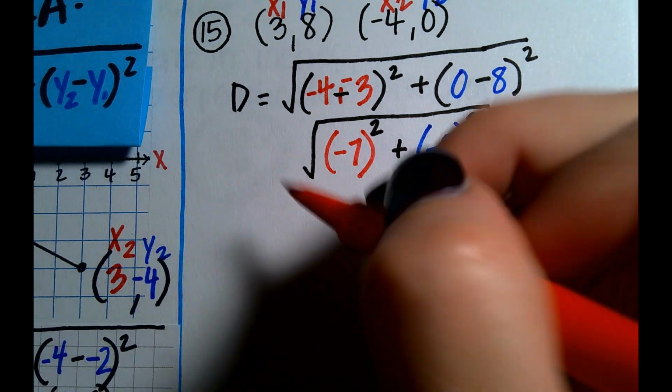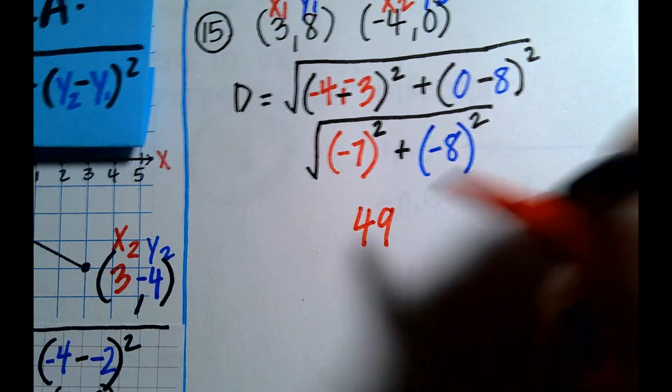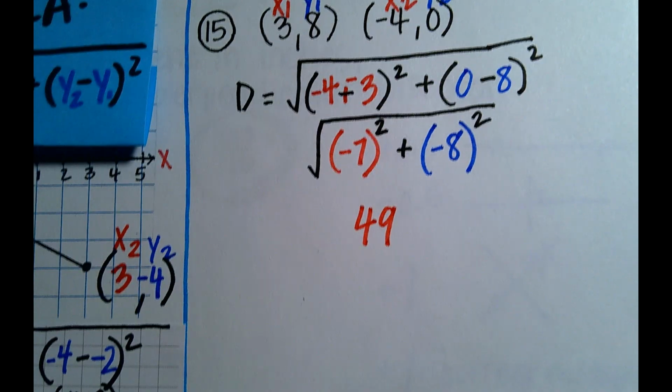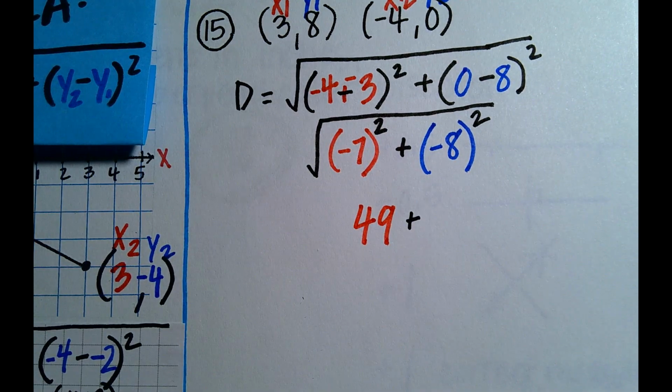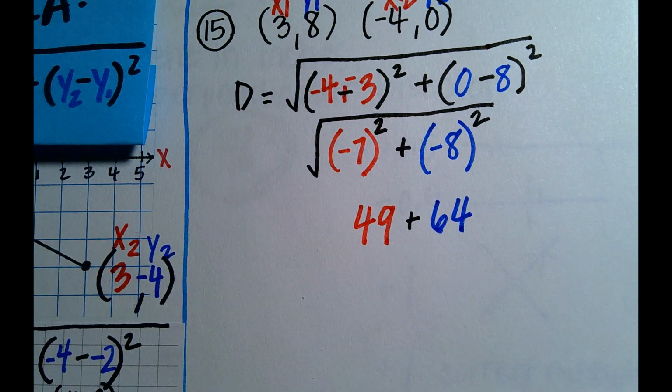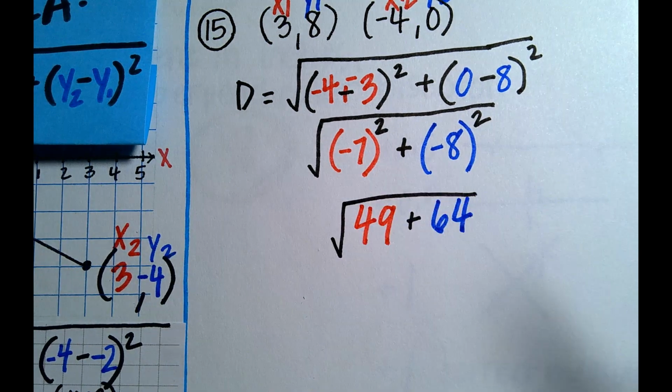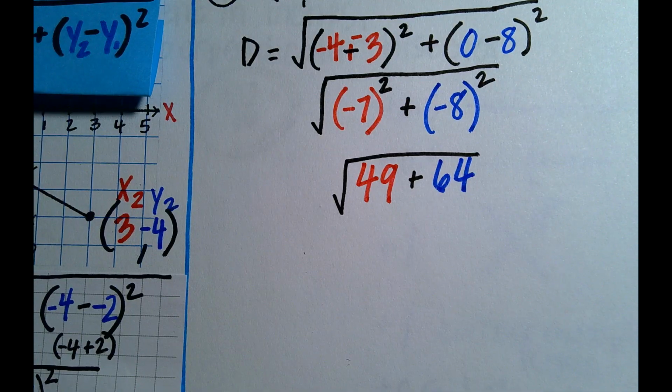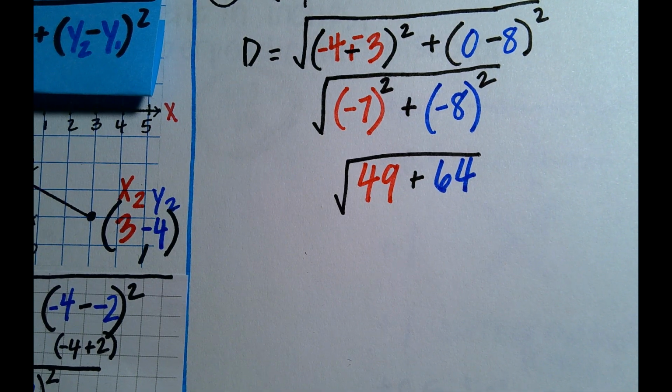And you should get 49 plus 64 under the square root. Let's see, 49 plus 64.